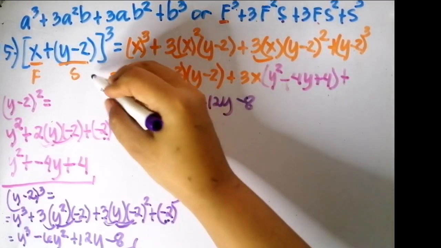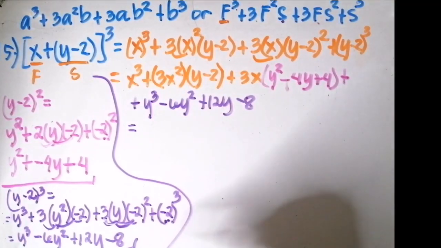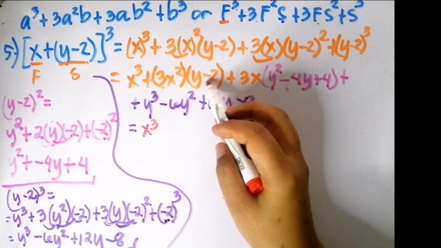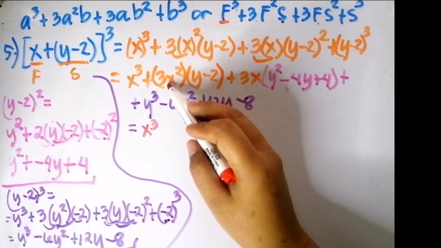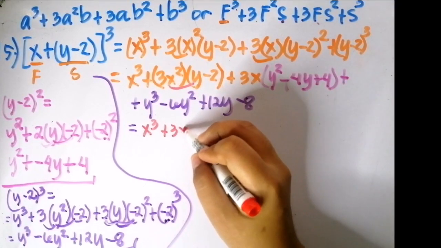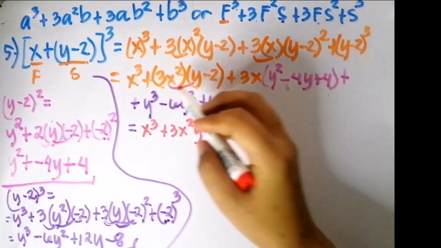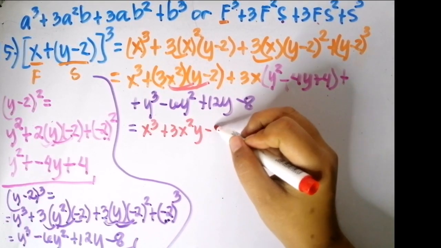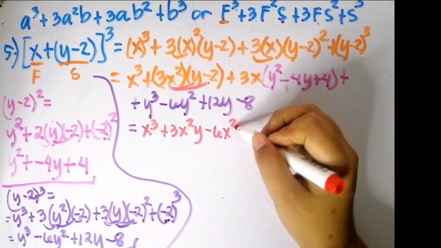Then, simplify natin. So, x raised to 3. Ito naman, gamitin natin yung distributive method. So, 3x squared times y equals positive 3x squared y. Then, 3x squared times negative 2 equals negative 6x raised to 2.